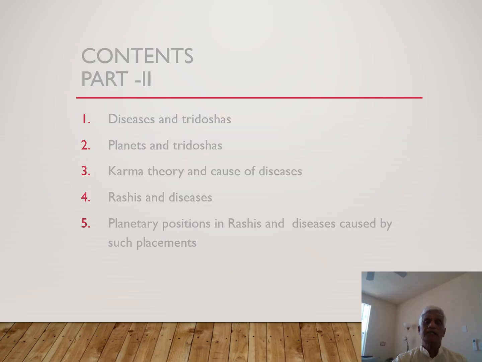In the second part, we deal in a little more detail with the Ayurvedic principles of health, the three doshas or the three humors of the human body, and how Ayurveda also considers the karma theory or the hereditary principles in the diagnosis and cure of diseases.